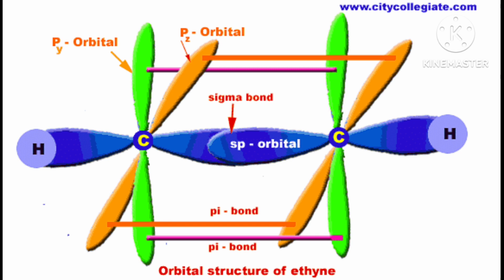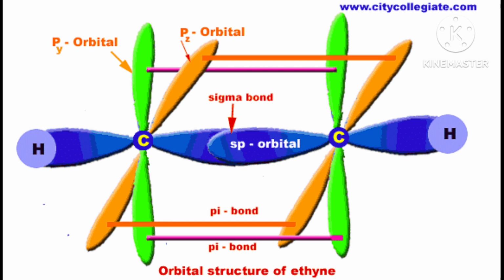Thus the ethyne molecule consists of one carbon-carbon sigma bond, 2 CH sigma bonds and 2 carbon-carbon pi bonds.